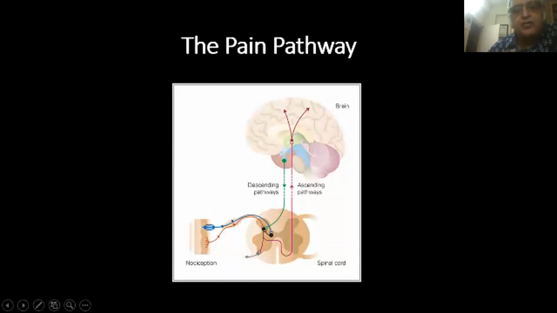And it's very important to know that from the thalamus, the pain pathway goes to the posterior parietal area, which is also called the somatosensory cortex, where it appreciates the pain. But pain appreciation alone is not important. It's also the reaction and the response to the pain.